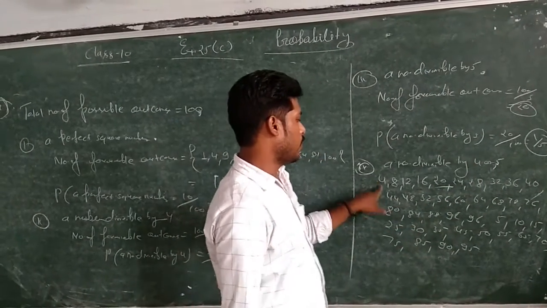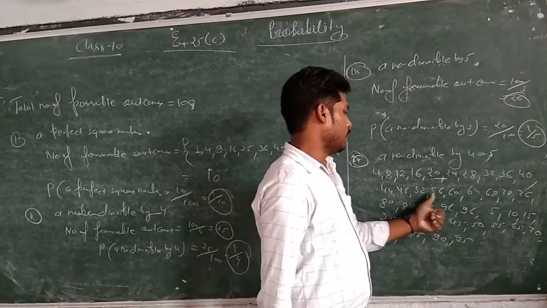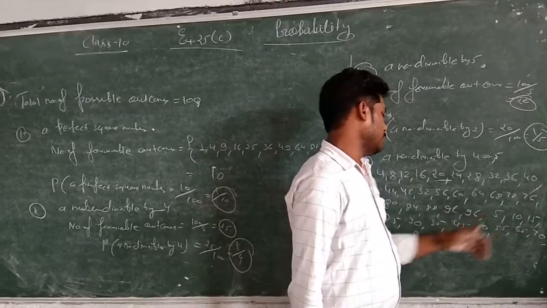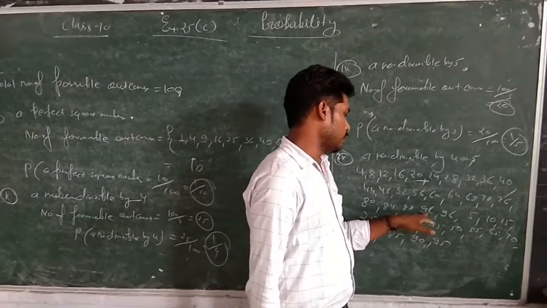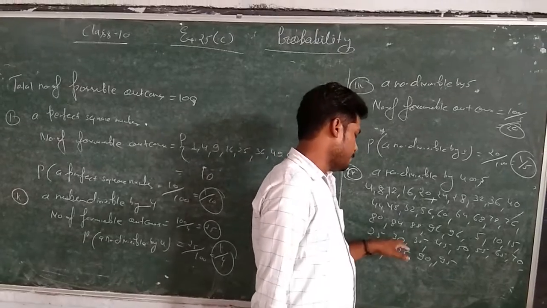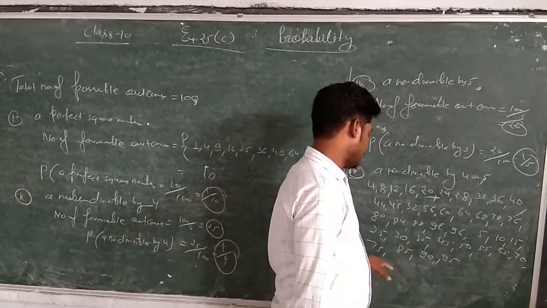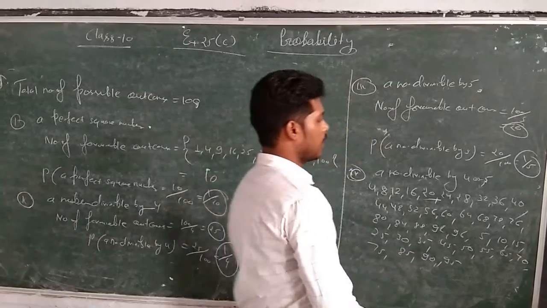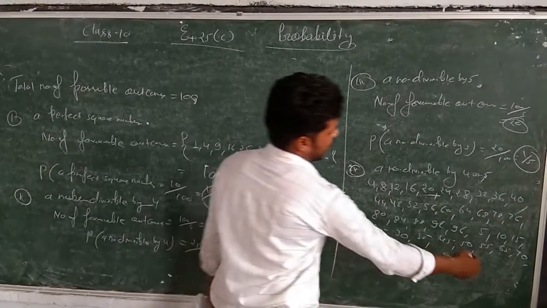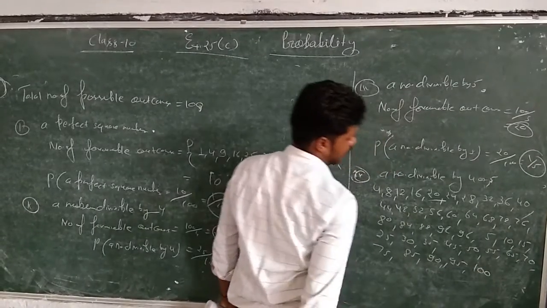Let's count it: 1, 2, 3, up to 39, and you can count here 40.